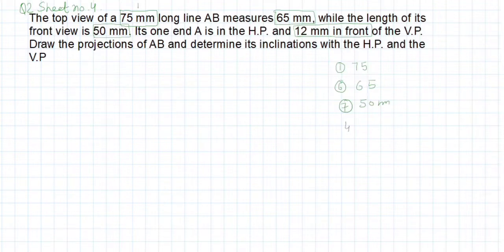And A is 12 in front of the VP, so that is the locus of A. These are the given data: the true length, the length of the top view, and the length of the front view.